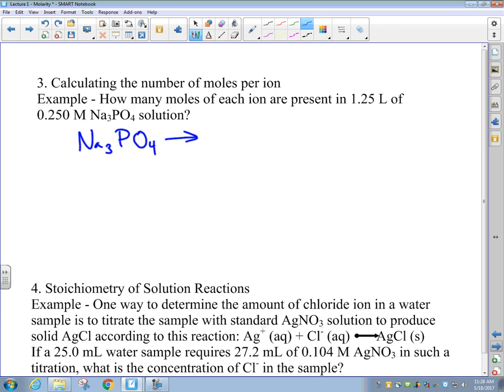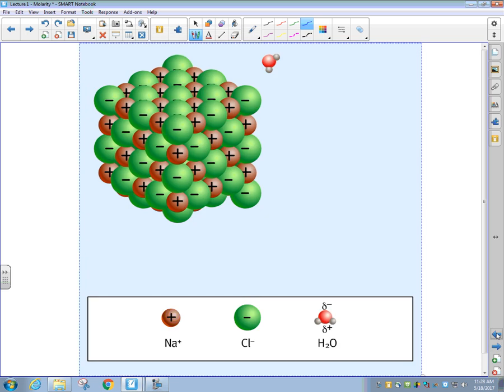When this substance gets placed into water, it does dissolve, and we form 3 sodium ions and 1 phosphate polyatomic ion. Remember the phosphorus and the oxygen are bonded together covalently in that polyatomic ion. Therefore, you are not going to have that positive-negative interaction that we saw within this salt crystal with an ionic bond such as sodium and chloride.